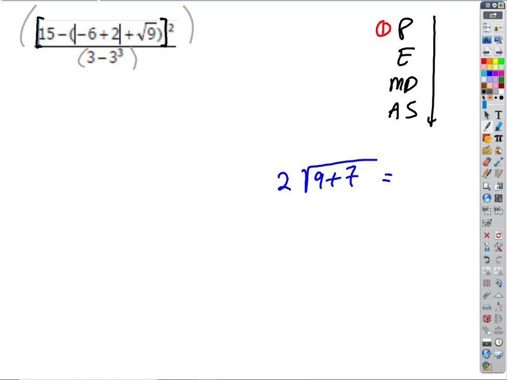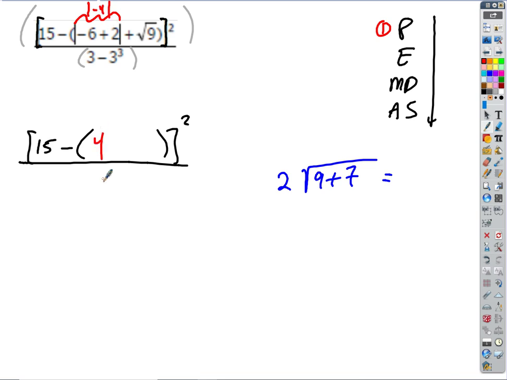Step number 1 is going to be on the top. We're going to work inside, and so let's do this all in one step. So I get the absolute value of what? -4. And what is the absolute value of -4? 4.